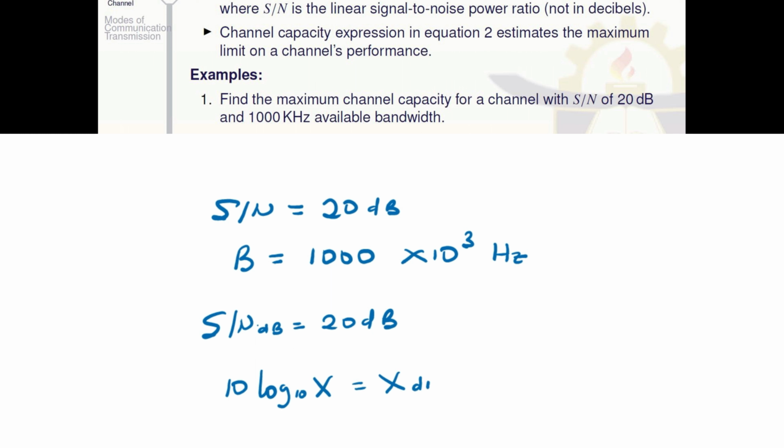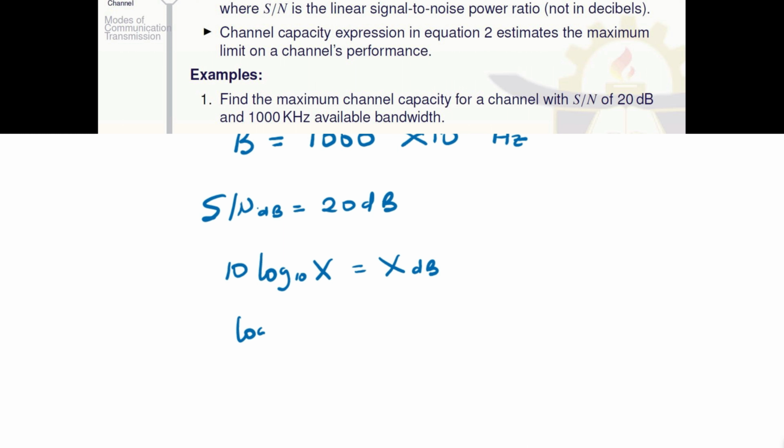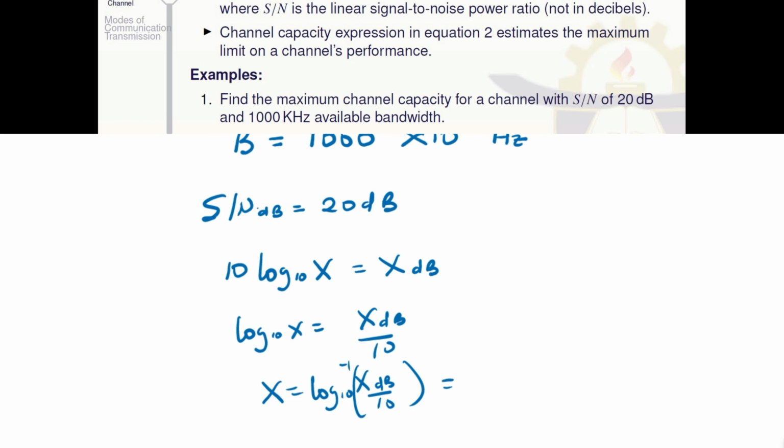We know that decibel is equal to 10 log 10 of whatever value. So let's say x. So the decibel form of x is equal to 10 log 10 of the actual value x. And so to be able to find this actual value, the decibel form of x is divided by 10, and then we find the antilog of that value, which is x decibel over 10, and antilog is the same as 10 to the power.